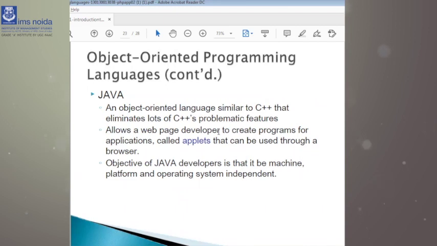So with the help of OOP you can develop so many applications. The objective of Java developers is that it be machine, platform and operating system independent. The main feature is that it provides security and is a platform independent language.